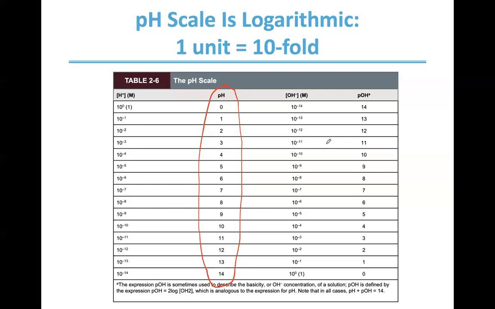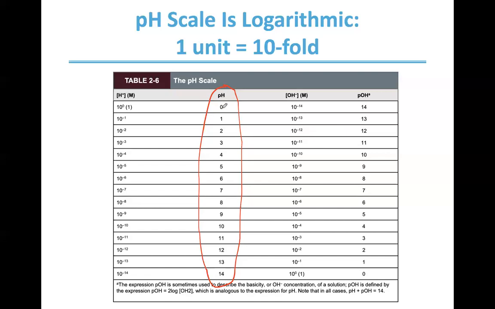pHs are logarithms of the concentration of protons. Yes. And what's a bit counterintuitive is that the smaller the pH, the more acidic the solution is, right? So 0 will be a highly acidic solution.